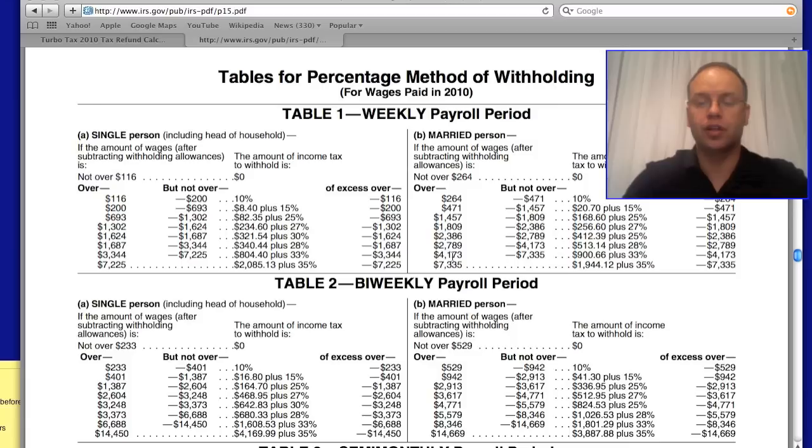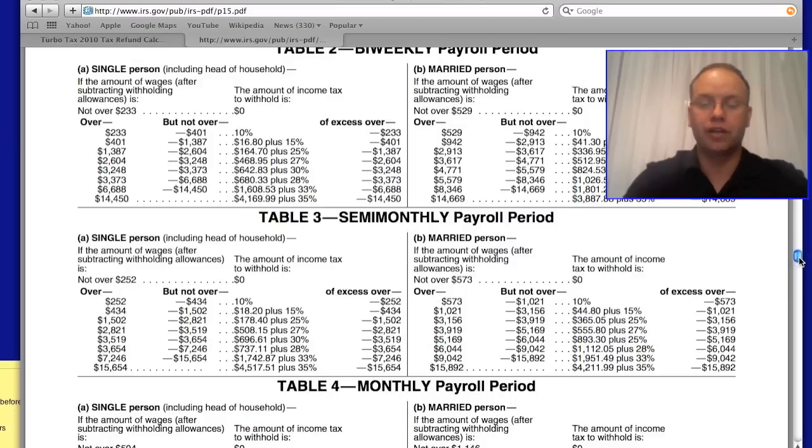So you'll take the difference between $7,335 and whatever amount you had, say $5,000. You'll subtract those two and then multiply that by 33% plus your $900. So you can go through this form and find exactly what the earnings were of that particular employee, and it'll tell you how much has to be withheld from their income.